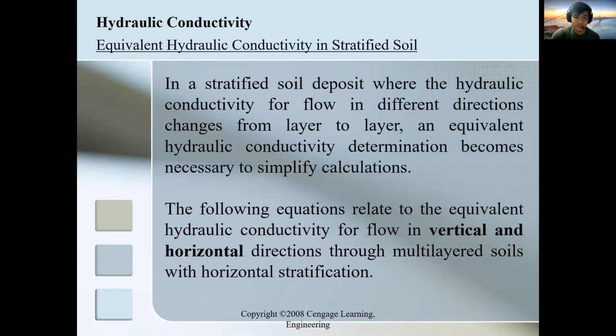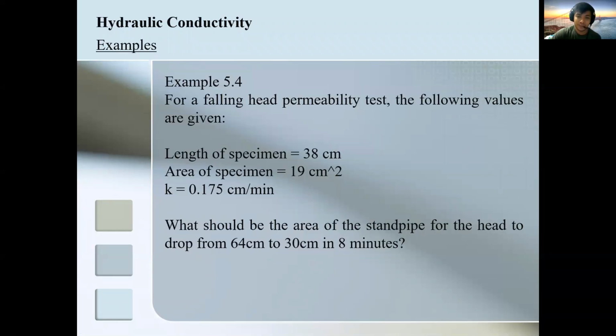Okay, so let's go to 5.4, and after this I think there are only a few small topics left.